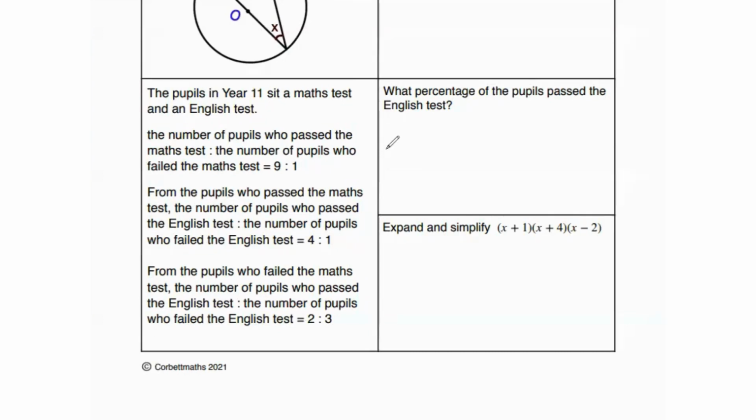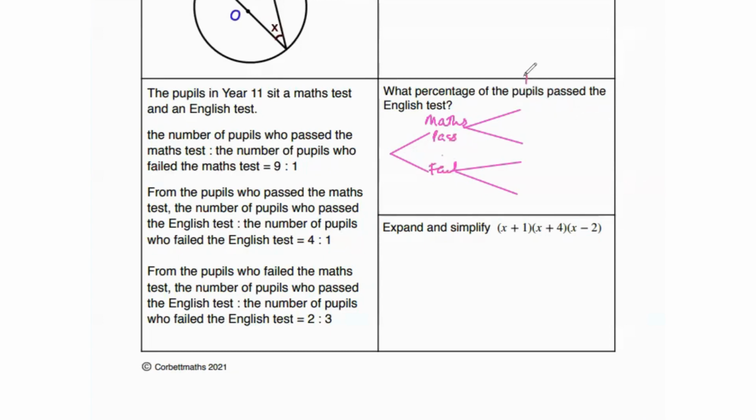So what we're going to do is make a tree diagram over here. Let's start with the maths people. Maths test. And then from that, we're going to move on to the English one. So this is for passing maths and this is for failing maths.